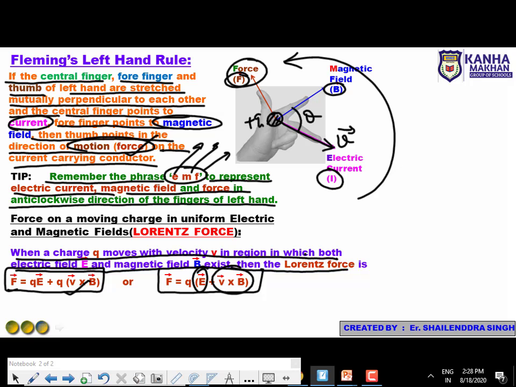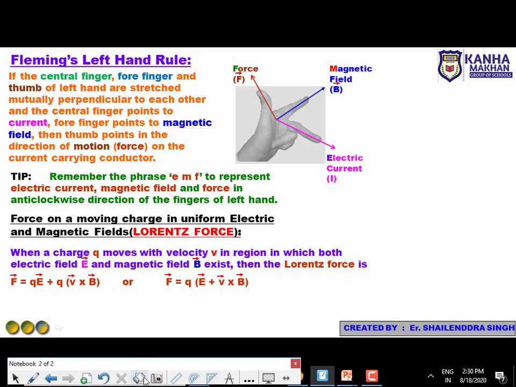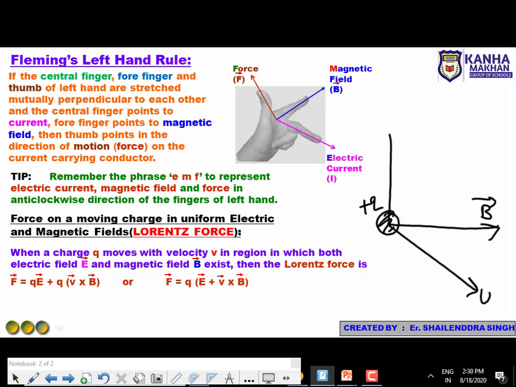How can it be possible? See on the board. If a charged particle is given in such a manner, as in the previous figure, suppose it is the positive charge, the magnetic field is directed here B and the velocity of the charged particle is V, which makes angle theta, then the magnetic force is directed along the y axis.